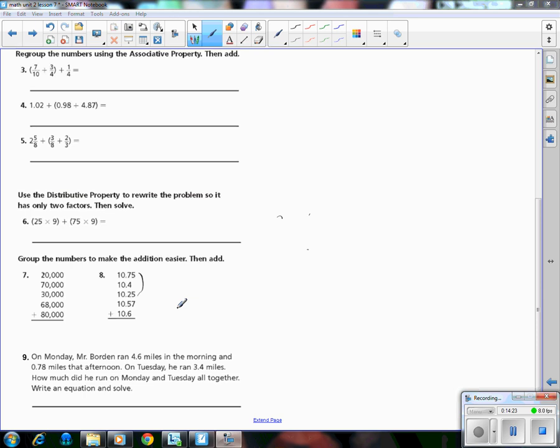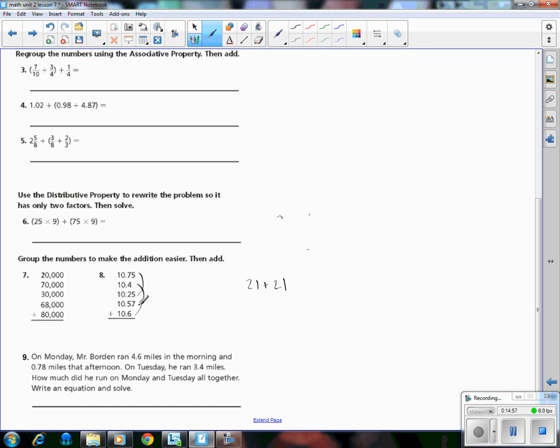Okay, number 8. I take a look at this one. I have some decimal numbers that I can group together to do mental math and help me to solve this much easier. So if I look at these two, I can pair or group 10 and 75 hundredths and 10 and 25 hundredths together to give me 21. And I can also look and pair 10 and 4/10, 10 and 6/10 together to give me another 21.